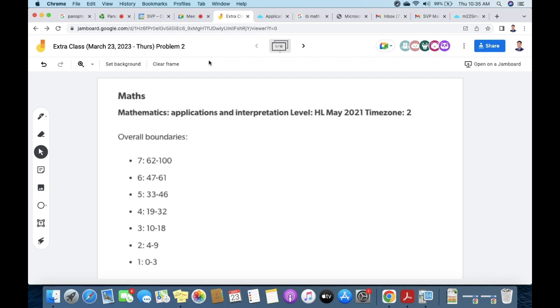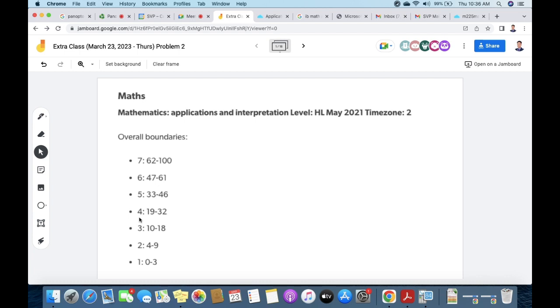So what's the point? I'm not telling you to really focus on that. If you can get more than that, that's a lot better. But what I'm telling you is you don't have to finish the entire paper, so you don't have to worry if you're not able to finish, as long as you get the minimum number of marks to achieve your target level. Do you follow?